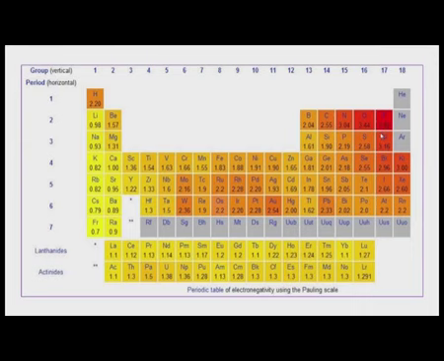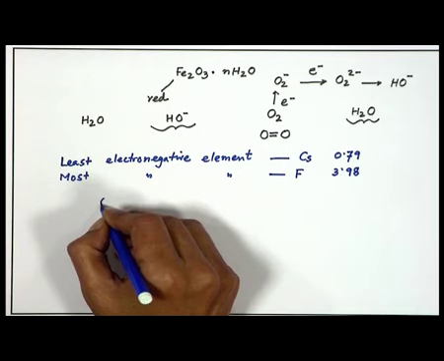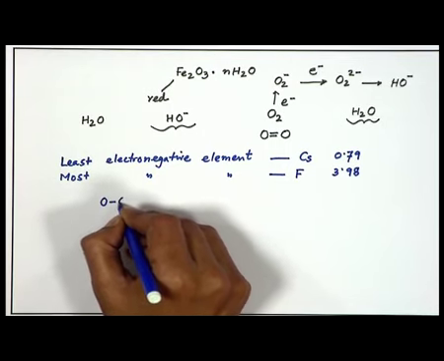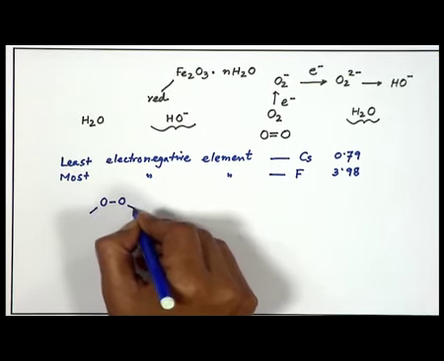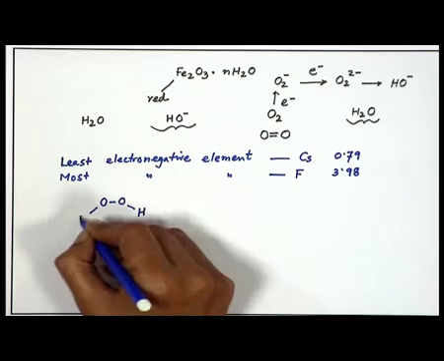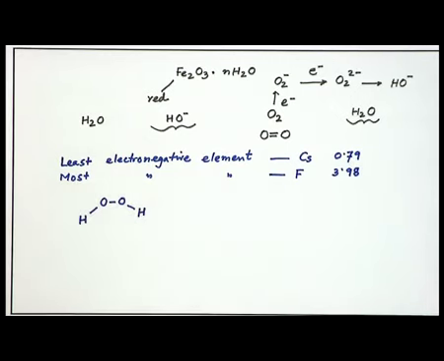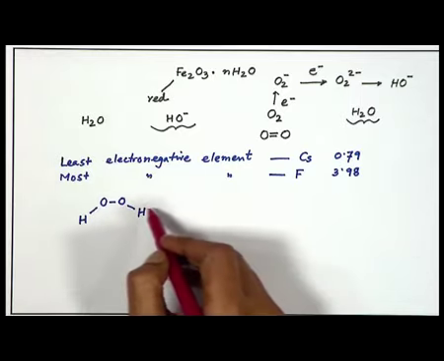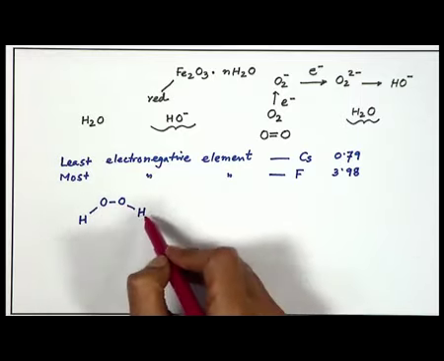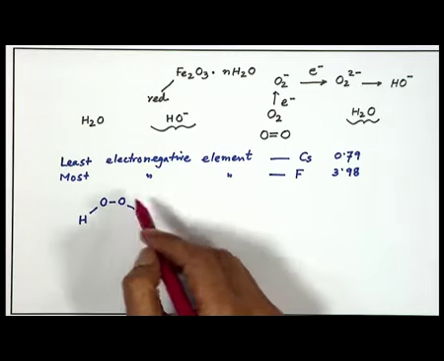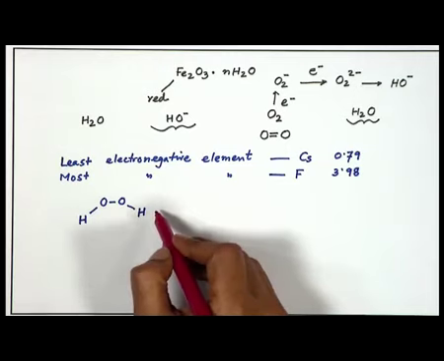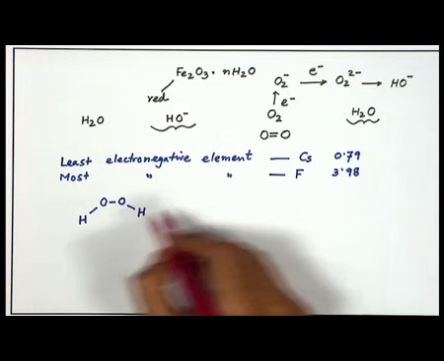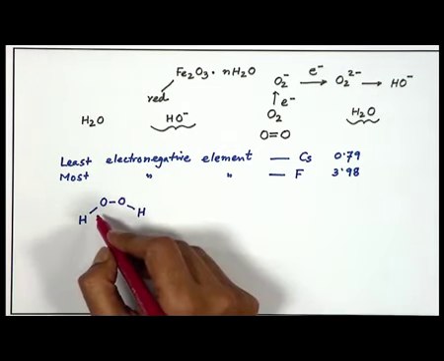So, in a particular case of this reaction, just now what we are seeing, the formation of hydrogen peroxide, which is a covalent molecule. So, in the covalency of this molecule, hydrogen peroxide, having the OO bond and the OH bonds, we see that in covalent bond formation we have only partial charge transfer.